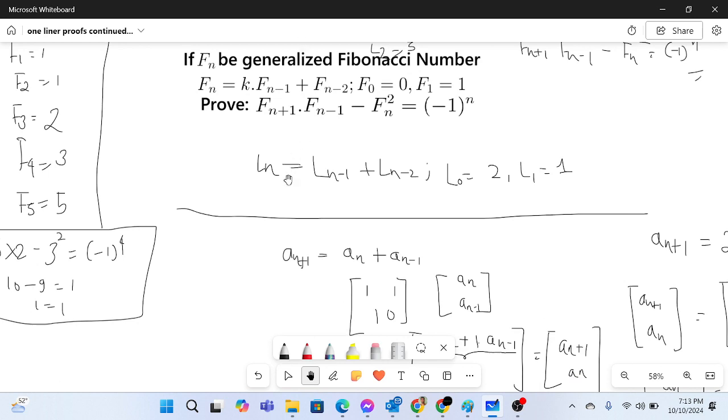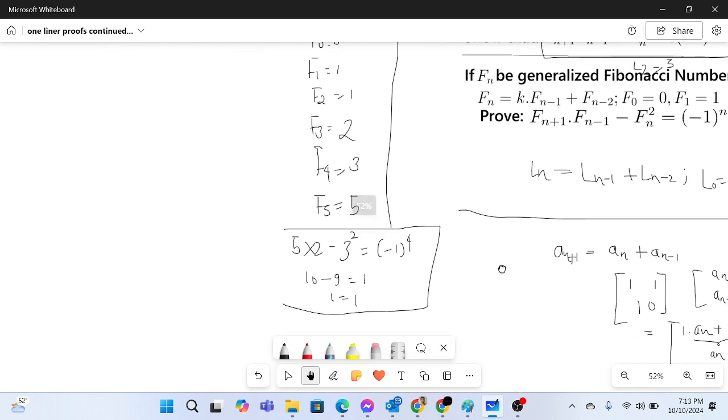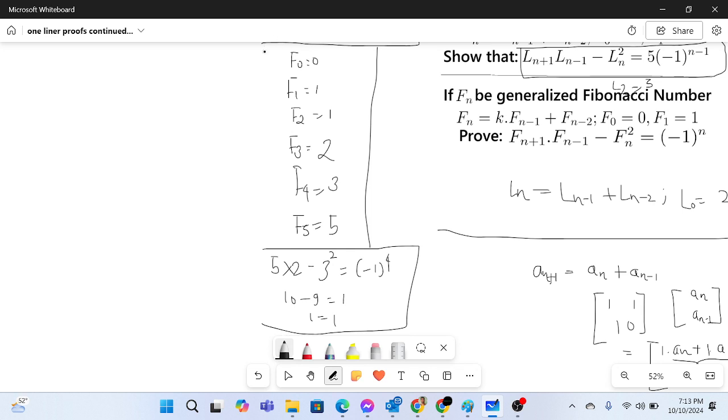Okay, now let's go to Fibonacci numbers. Let's try to do it a bit fast because I think you are adapted to the things now. So for Fibonacci numbers, if I want to get [f(n+1), f(n)] and [f(n), f(n-1)] with, let's say, a0, a1, and then a1, a0, a2, a1.